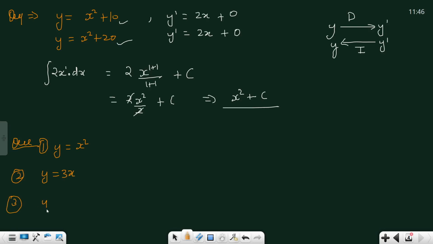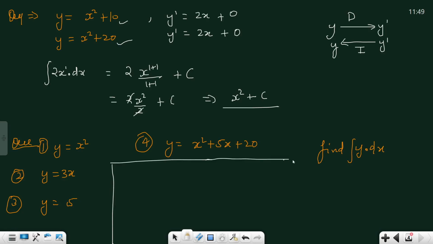The third one: y is equal to 5. The fourth one: y is equal to x square plus 5x plus 20. You have to integrate all of them. The question is to find the integral of y dx for each. We will take the questions one by one.